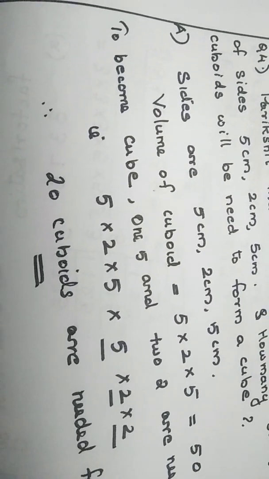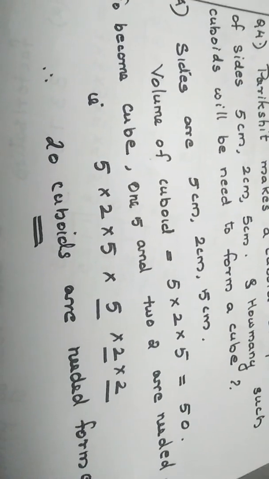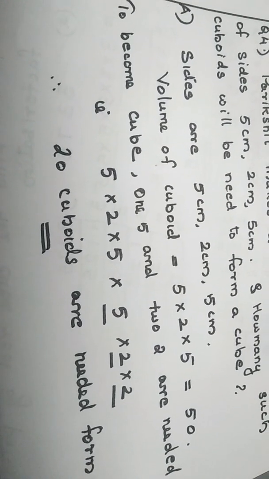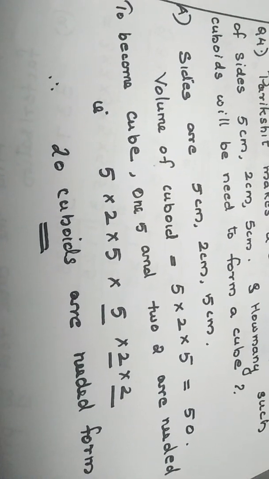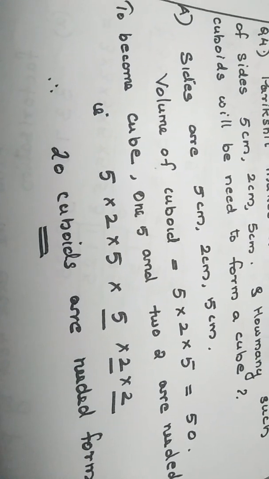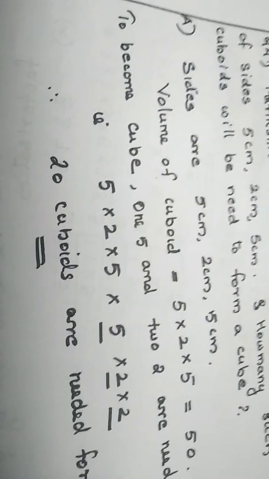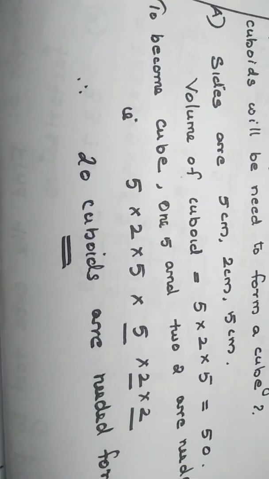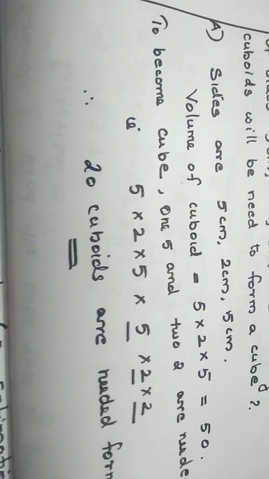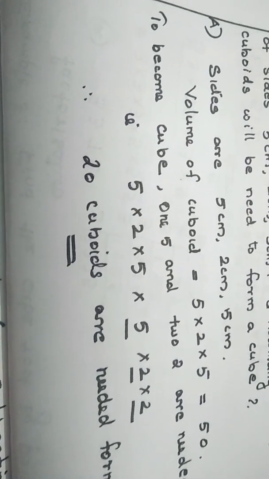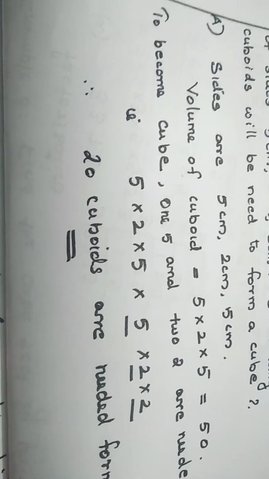By making the sides equal. Here 5 cm sides 2 times and 2 cm sides 1 time. So here 1 five and 2 twos are needed to make this number a cube.